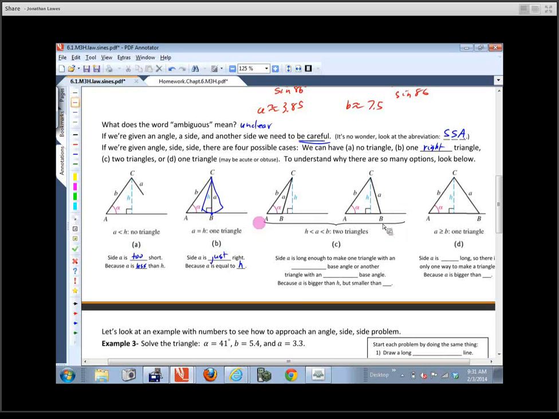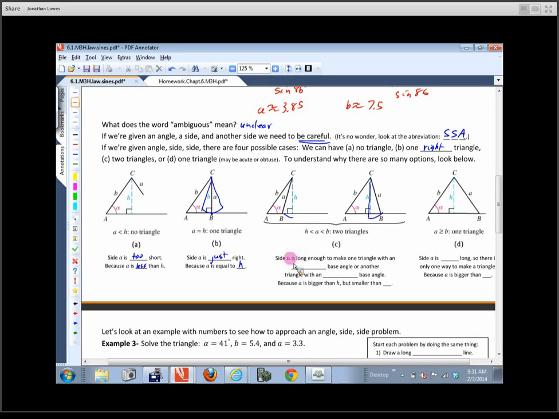And then this is the more difficult case. This is the one that we don't really like running into. Okay, because there are two different triangles that could be formed using this information. So one thing that could happen is, let's say that A is longer than H, but it's still smaller than B. One thing we could do is swing this side right here out this direction and make a triangle like this, or we could swing it in this direction and make a triangle like that.